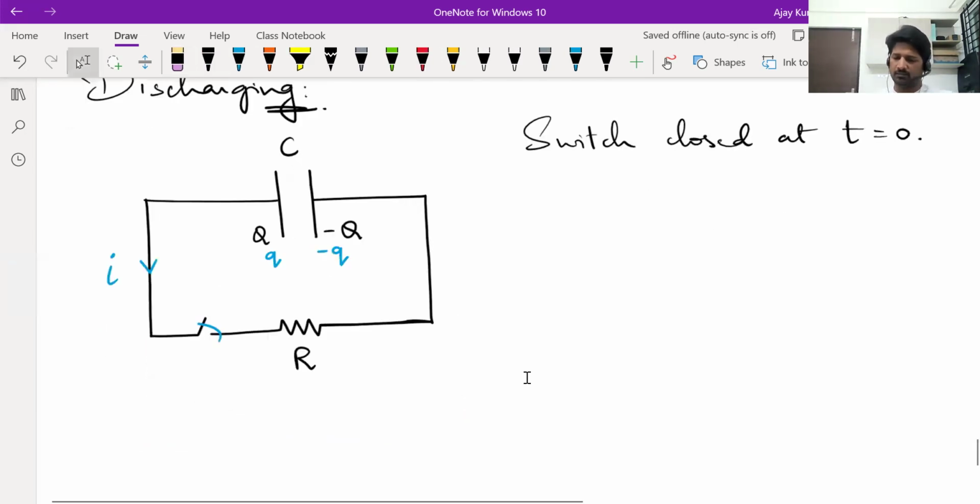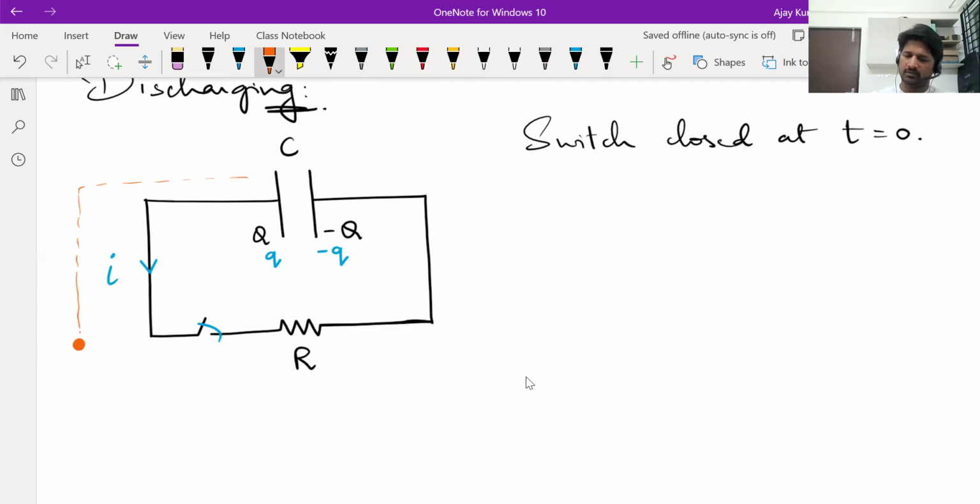Fine. Let us apply KVL to this loop. You can start from anywhere, let's say here. Move clockwise. The first plate you are coming across in the capacitor is Q. So the potential change across the capacitor will be minus Q by C. Continue moving along the loop. Then you will come across the resistor and you are moving across the resistor opposite to current.